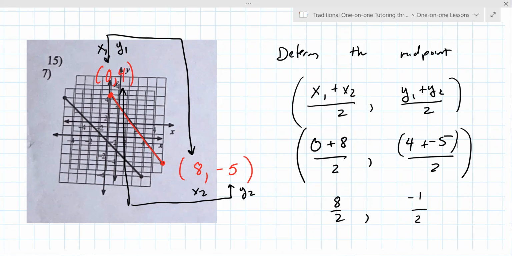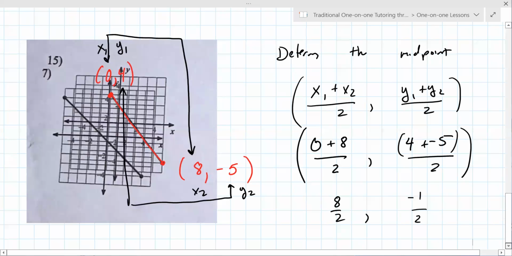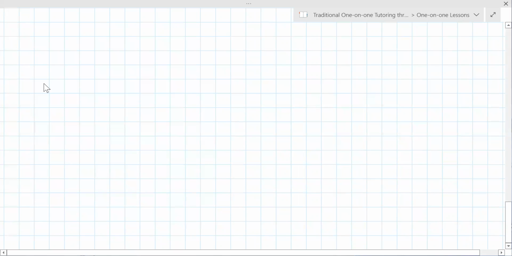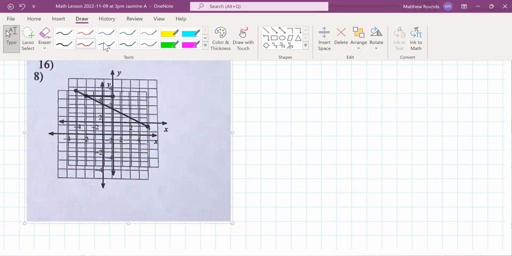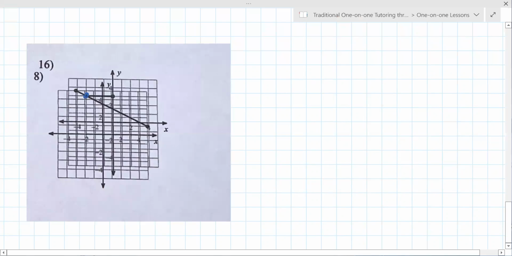Okay, so let's look at another graph here. I know these are kind of weird. Okay, so I'll switch colors here. Let's go with this blue, and we'll go with 0, 3, and then this other point right here is -3, 3.